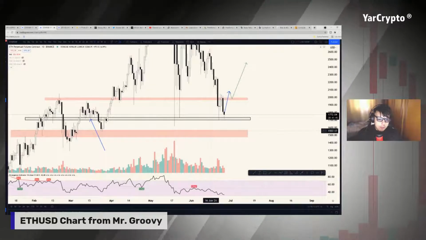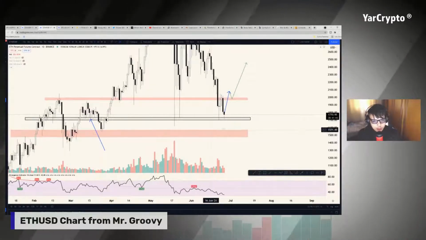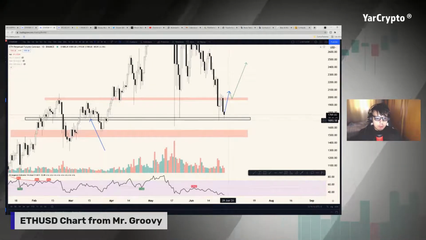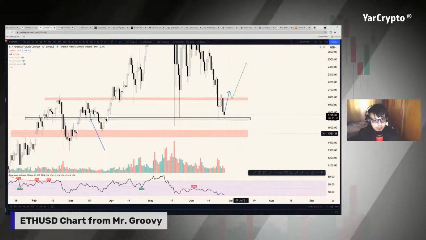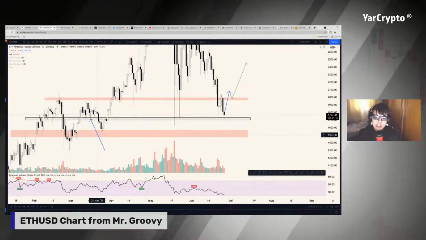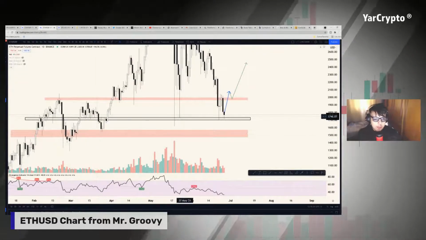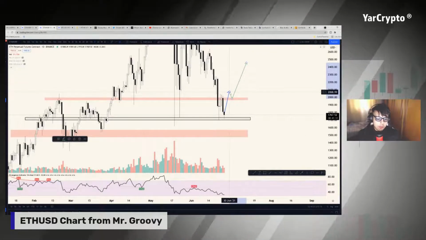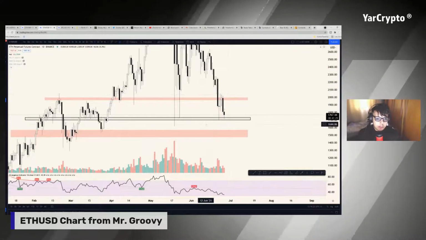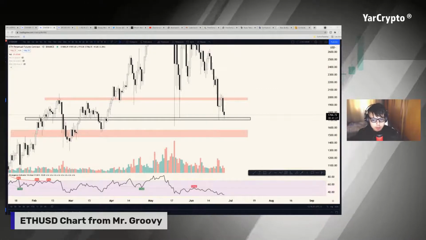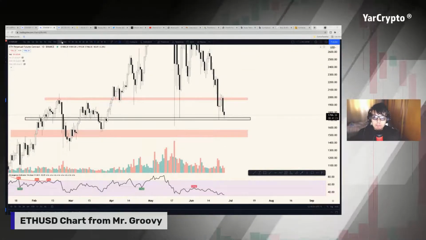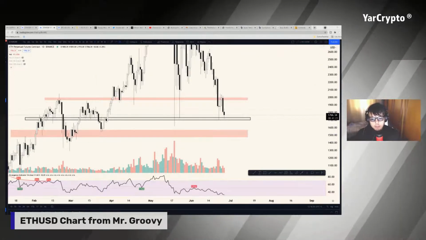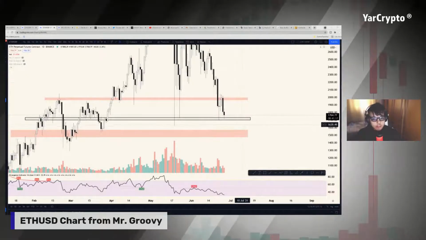Again, I don't believe it's very likely that we're gonna do that, since we are having some buying pressure here, but it's a possibility that we have to keep in mind, since we never talk only about the bullish situations, but we gotta be ready for the bearish situations as well. So keep that in mind, guys. But yeah, that's basically what we had for Ethereum and BTC.